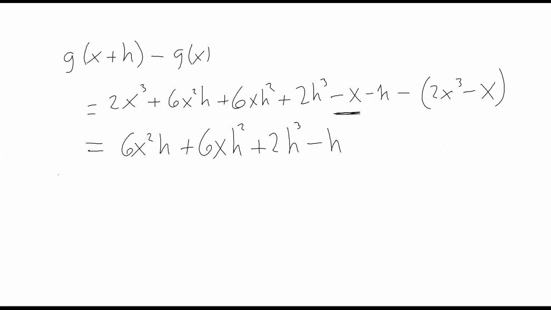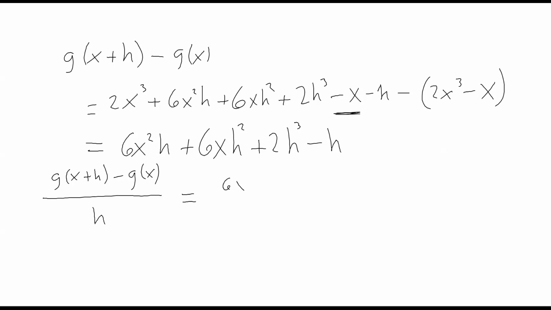So what we have here is the difference quotient: g evaluated at x plus h, the function value at x plus h, minus the function value as given at x, and the whole thing is divided by h. And again, the numerator is the difference of two y values. The denominator is the difference of two x values. Okay, well, these four terms that we just worked out are the numerator of the difference quotient.